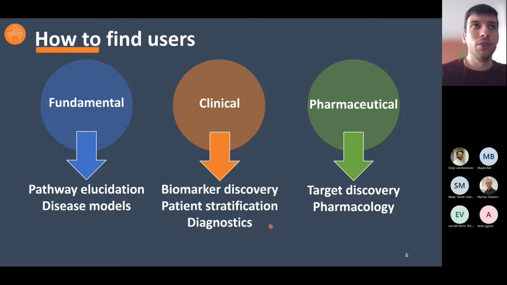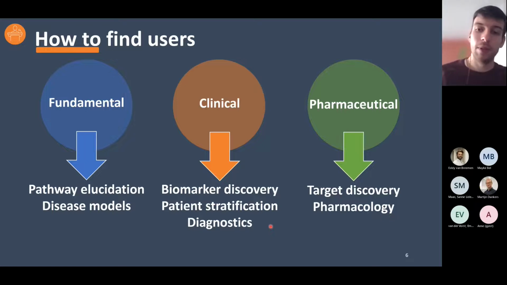So compared to the fundamental research group, clinical research groups have many more samples. So these are generally upwards of 50 to 100 samples. This also has to do with the large variability found in human material. And of course, special considerations need to be taken in the analysis, but that's out of the scope for this presentation.